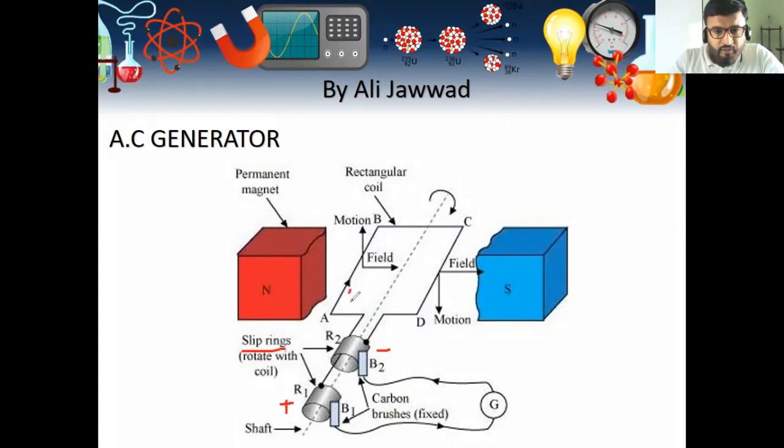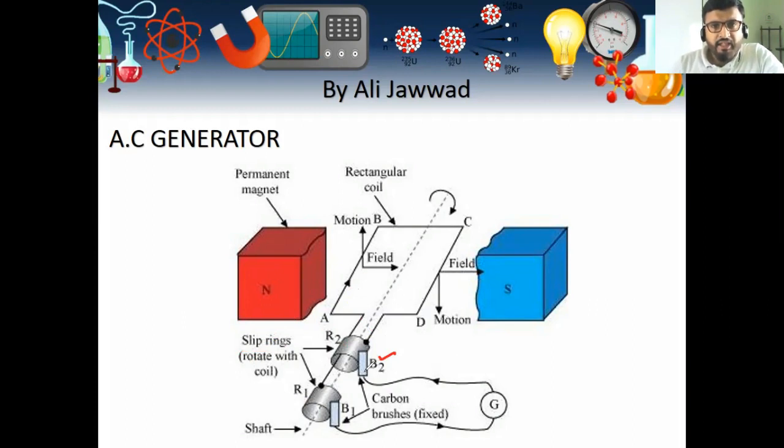This end of the loop is not touching this first ring. It is just passing within the ring and it is only getting in touch with the second ring. However, this side of the loop is getting in touch with this second ring. The carbon brushes are attached to collect the current from the generator for use.